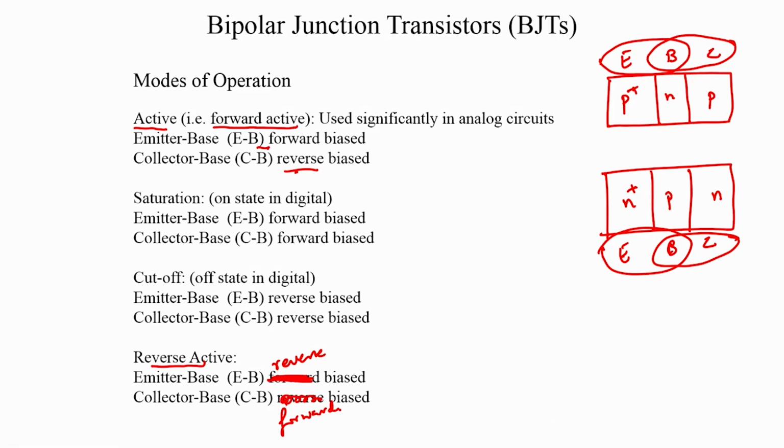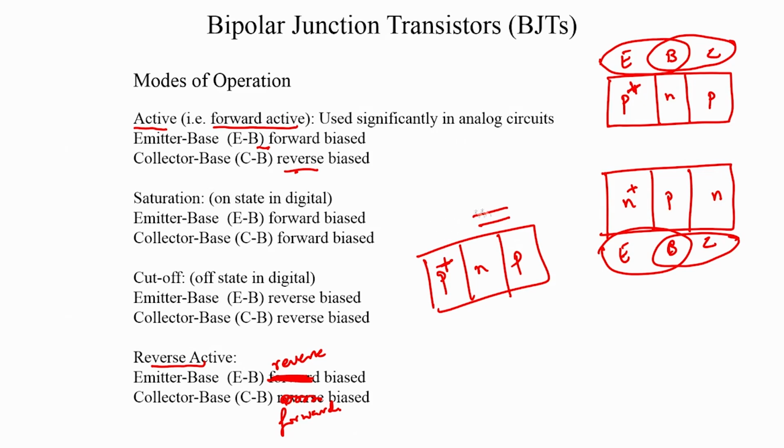The idea is that if not for this excess doping, this device structure is completely symmetric. For example, let us say we did not excessively dope the emitter, let us say it is P and P. The device structure is completely symmetric. So whether you forward bias this and reverse bias that, or reverse bias this and forward bias that, it is the same. But the difference comes about because of this excess doping.